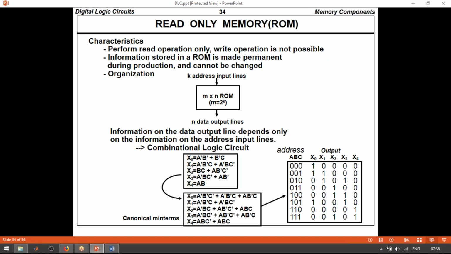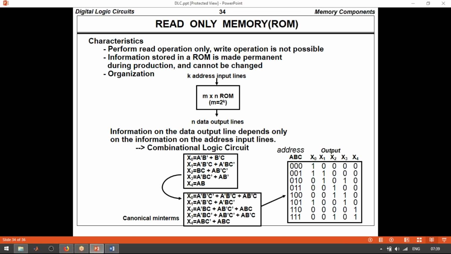I'm not saying 512 MB, I'm just giving an example. 32 cross 8 is the total memory size, the memory capacity. 32 into 8 is 256.